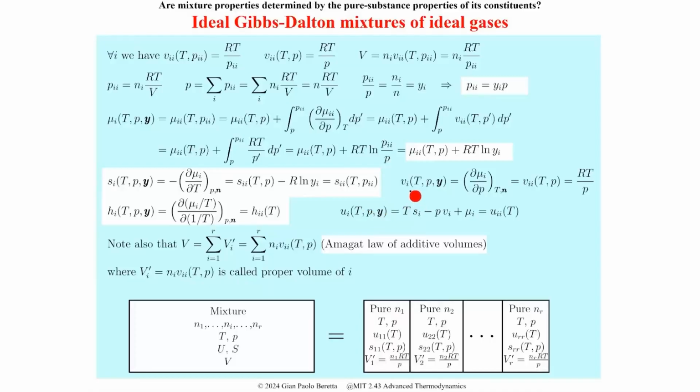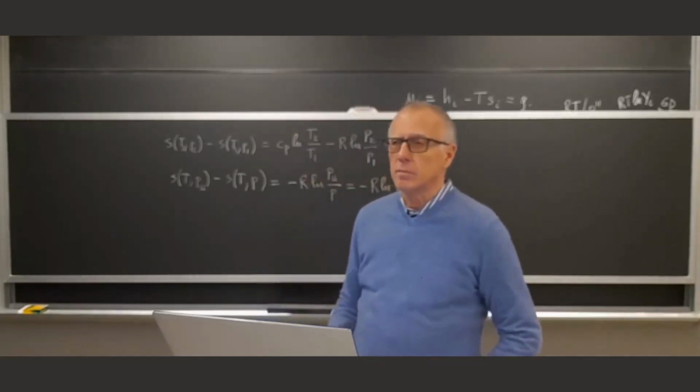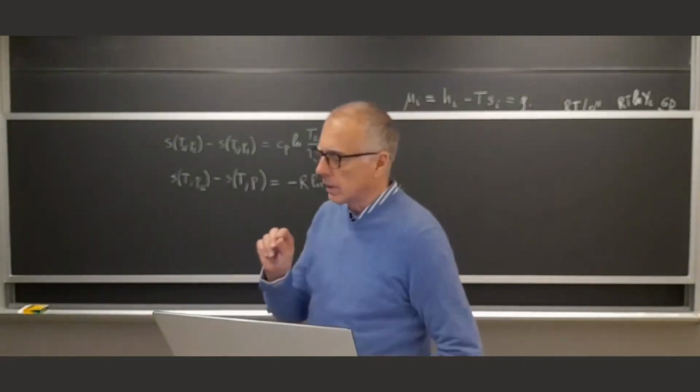We can also compute the partial volume, taking the derivative of this with respect to P. And you see that since this last term doesn't have pressure, I just pick up something from the derivative of the chemical potential of the pure component, and that's the specific volume. So here we see that there is no volume of mixing.